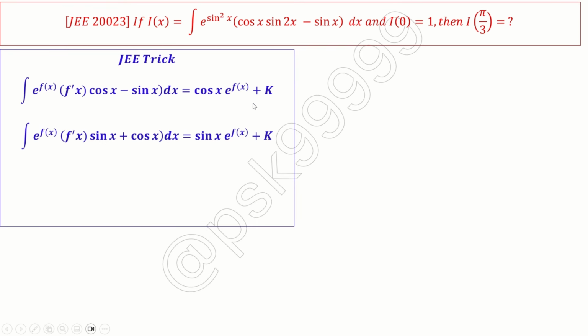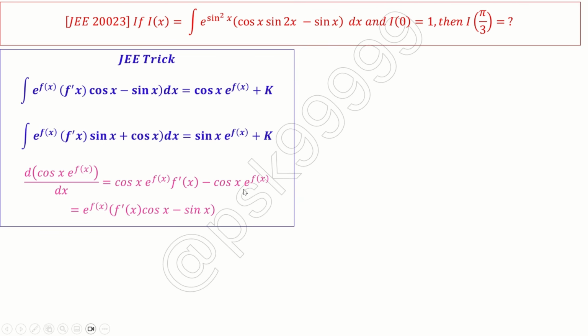You take this value and then just differentiate. Differentiation of cos x into e to the power of f of x by dx is nothing but cos x into e to the power of f of x into f dash x, minus sin x into e to the power of f of x.